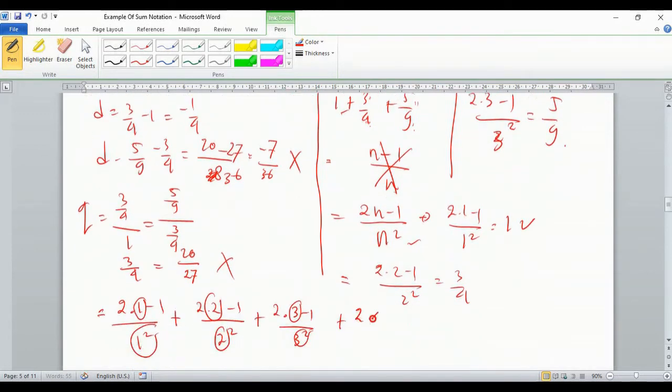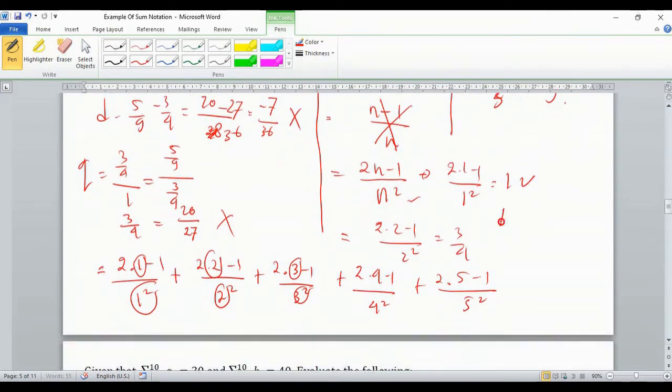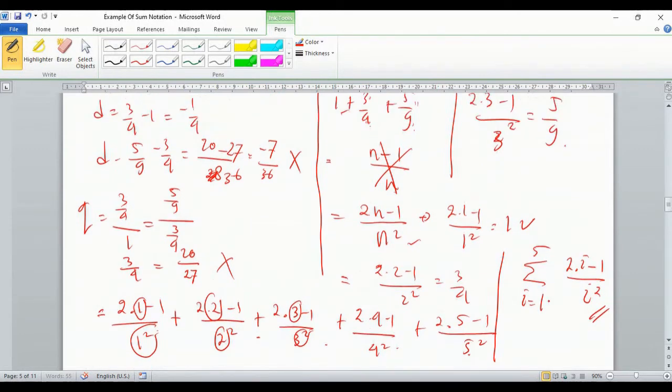So 2 times 4 minus 1 over 4 square plus 2 times 5 minus 1 over 5 square. So from here, we know that the sum notation is sigma, i starting from 1 until 5, and the general term is 2 times i minus 1 over i square, everyone. I hope you understand what I'm explaining.